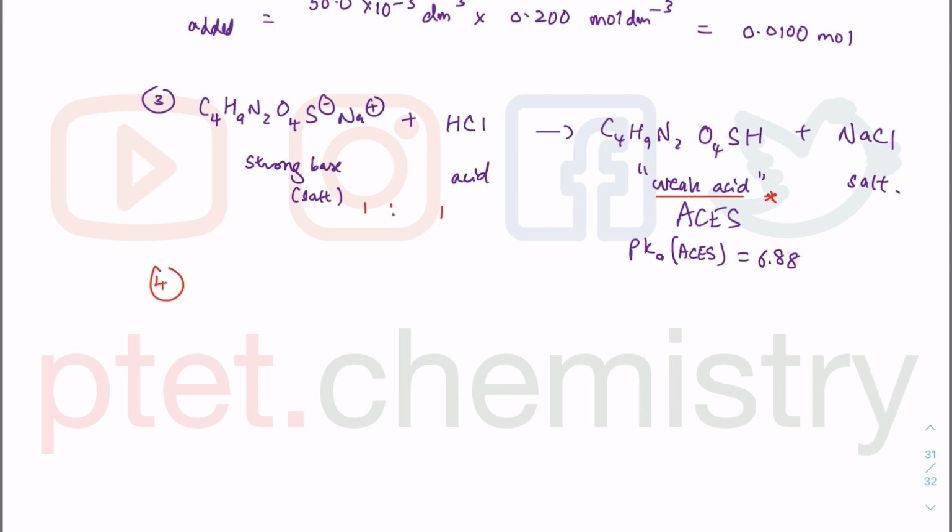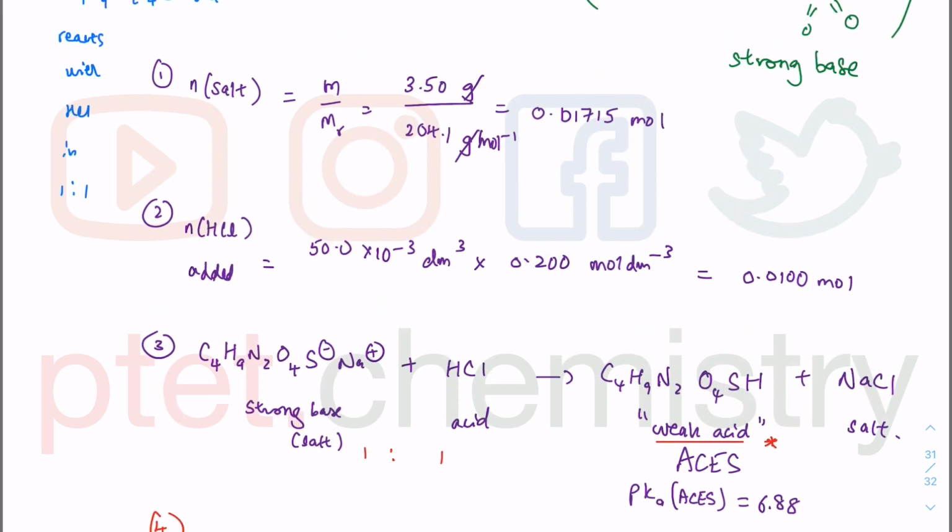So therefore we can see that the salt of the acid is in excess. So all the HCl will have reacted, because if this and this react in a 1-to-1 mole ratio, let me just get that straight, 0.01715. So we can see that 1 mole reacts with 1 mole, but here 0.01 mole should react with 0.01 mole. So the salt is in excess.